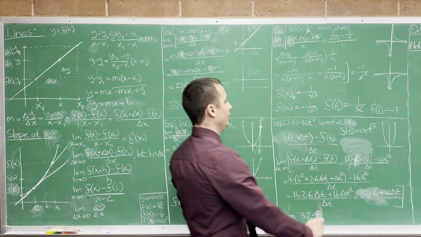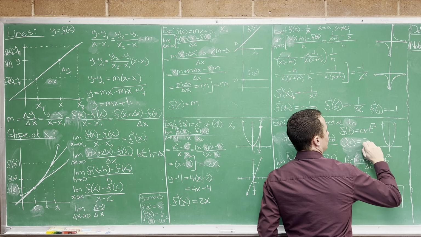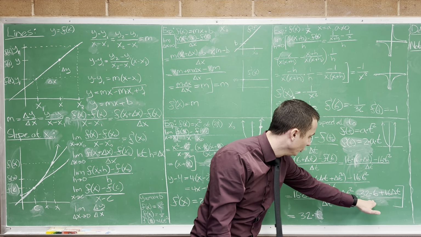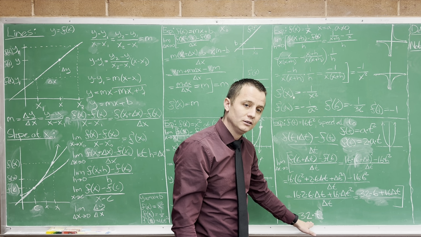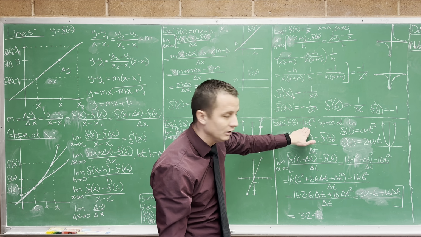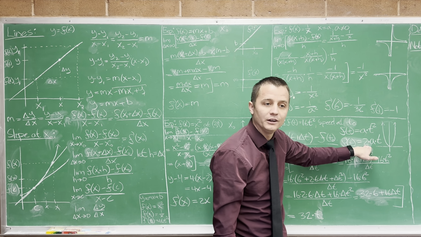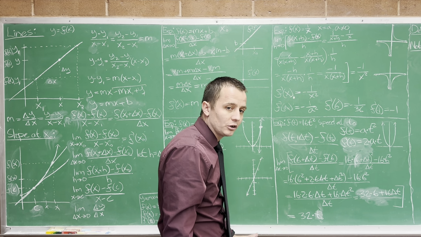Then what is f prime of t? It's just equal to 2 times the acceleration times the time. That's all we did. We just took the 16, multiplied it by 2. And so whatever that 16 was, this is just double 16. So whatever your acceleration was, when you get into velocity, you just double it and multiply by the time. So in the case where we're talking about an object falling.